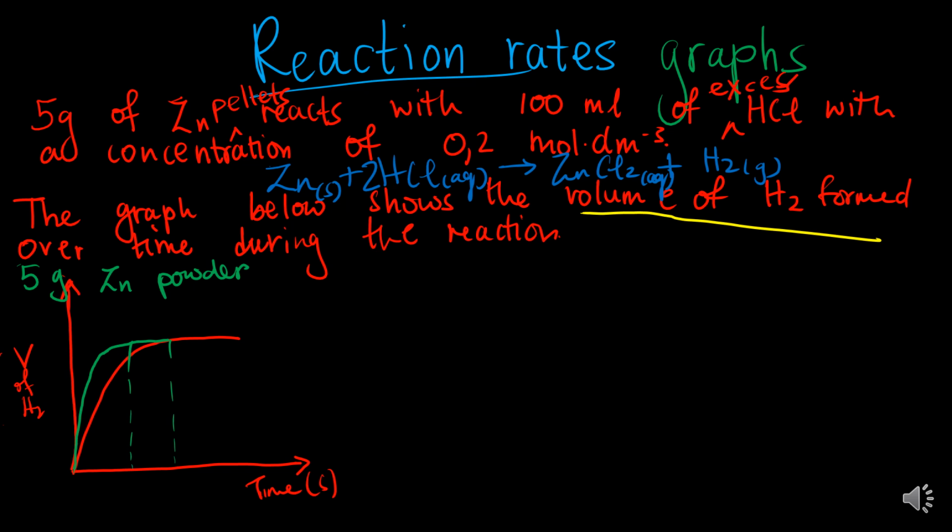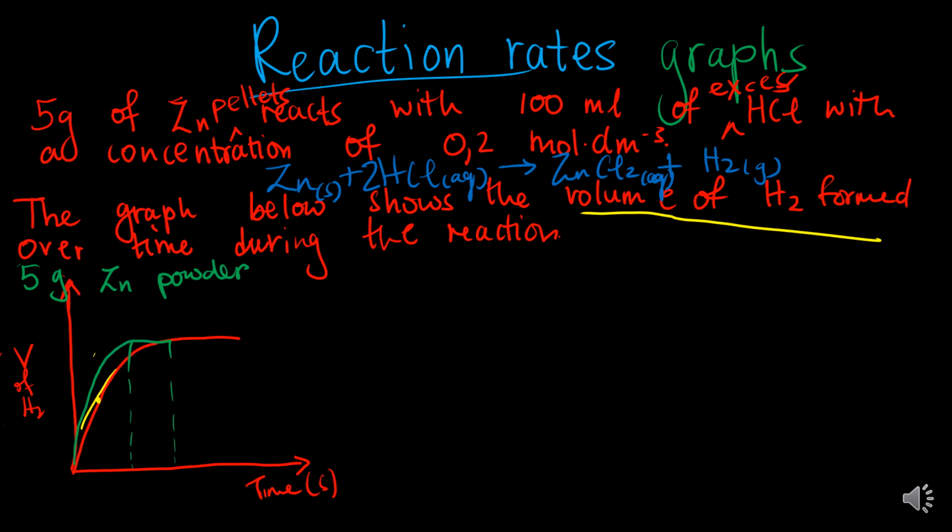Then the other thing is the rate of the reaction. It relates to the steepness of the tangent that you'd have in either one of these, right? If you compare them, you can see the green one has a steeper gradient. Let's compare at the same time.